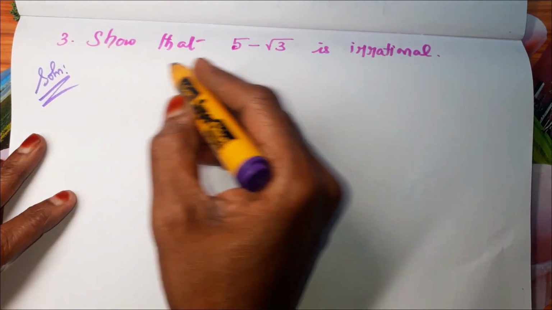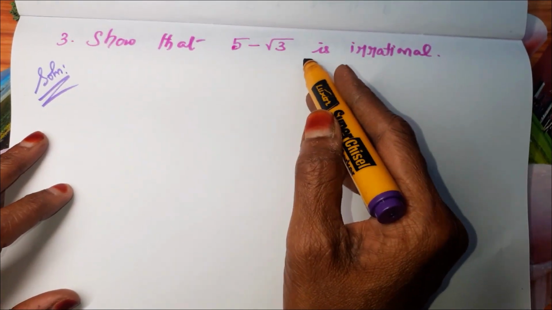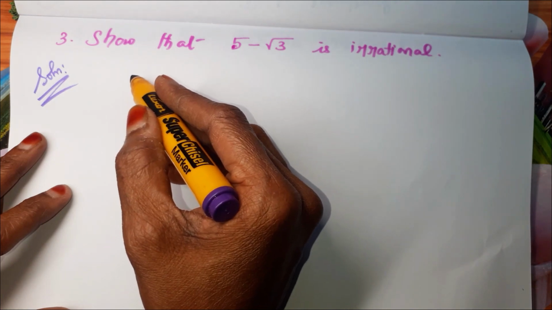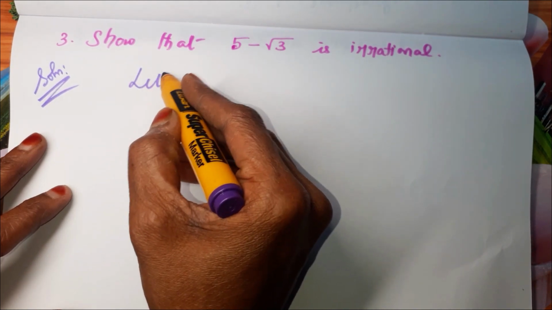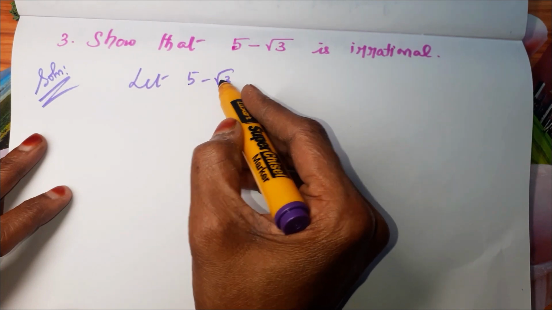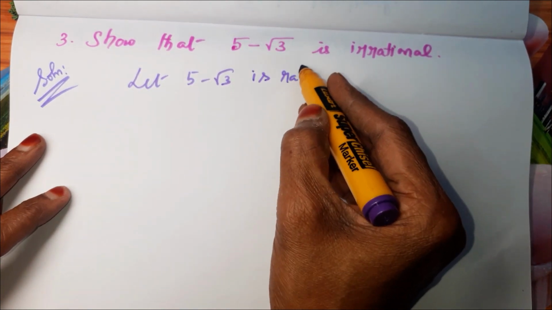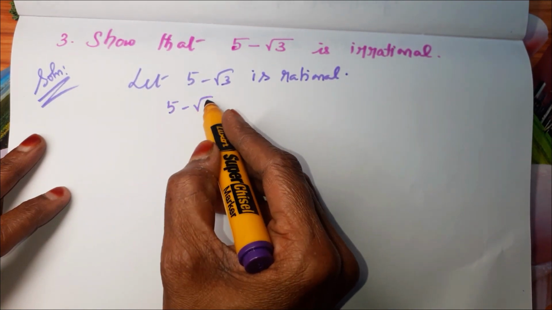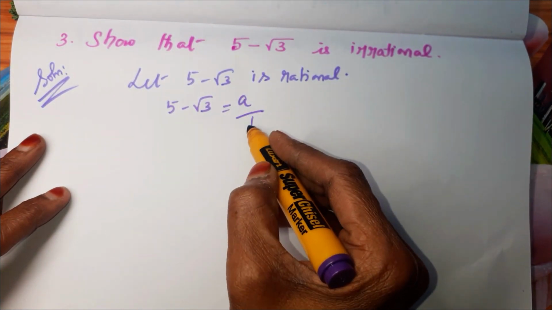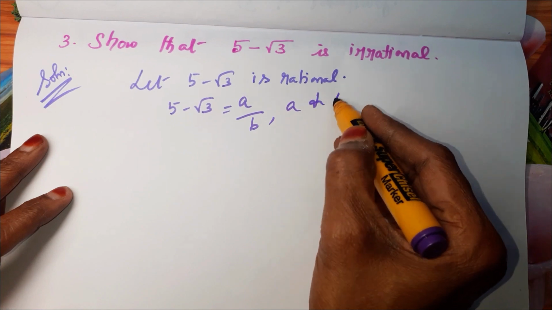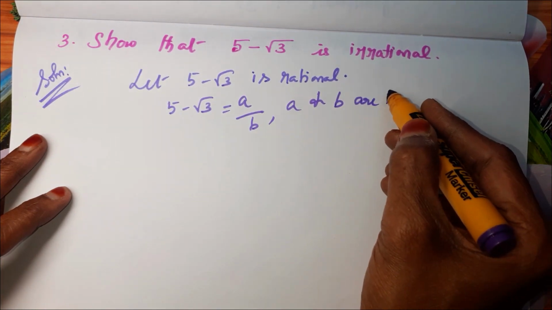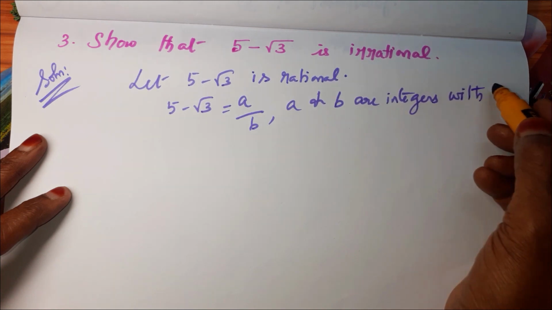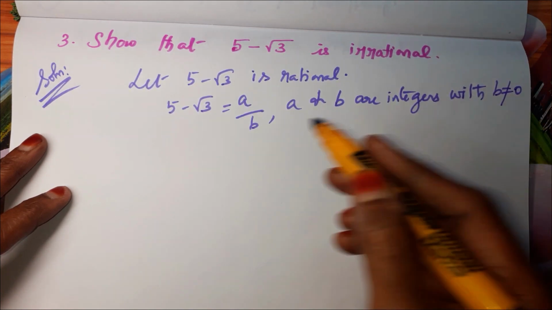So what we are going to prove is that 5 minus root 3 is irrational. We are going to start with contradiction. So let 5 minus root 3 be rational. Rational number means 5 minus root 3 can be written as a by b, where a and b are integers with b not equal to 0.